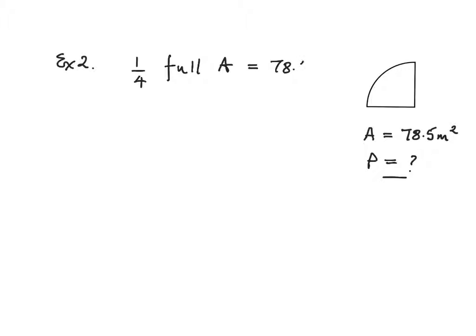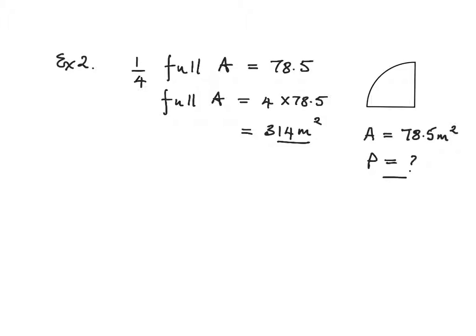It would help our work a great deal if we were to find the area of a full circle. So what we're going to do is to multiply by 4 then. So the full area, or the area of a full circle, is 4 times 78.5. And that comes to 314 metres squared.